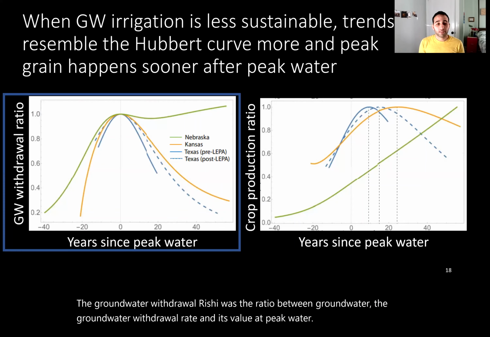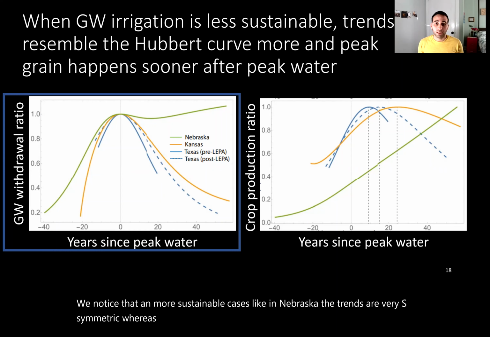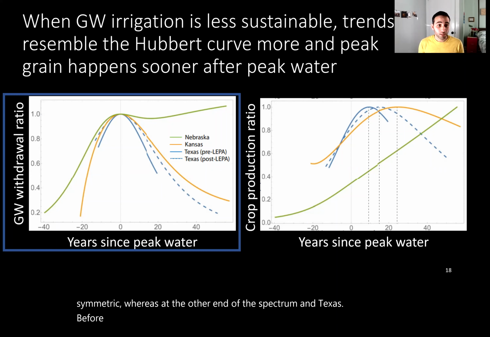We notice that in more sustainable cases like in Nebraska, the trends are very asymmetric. Whereas at the other end of the spectrum, in Texas, before sprinkler adoption in solid blue, we have very symmetric curves reminding us of the Hubbert curve.